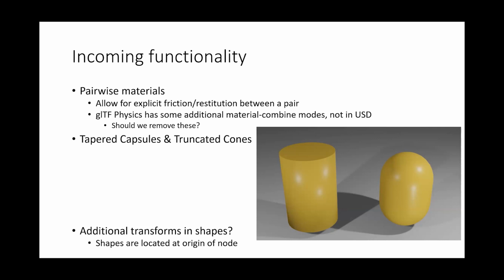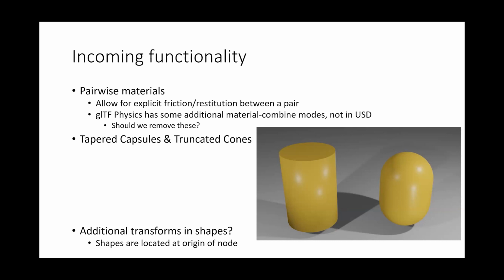But one of the things we were talking about was explicitly adding a material per pair, which can be a little more representative of the real world. Like you can't easily say, when rubber meets ice, this is the coefficient of friction it will have.